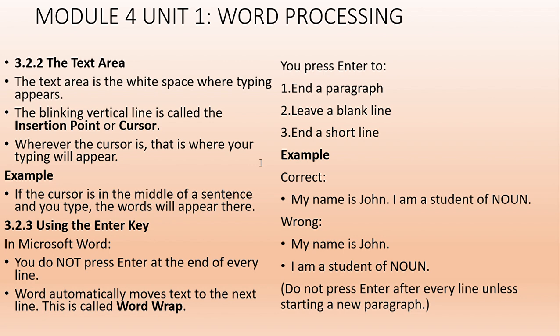Anywhere this black thing is, anything you type is going to appear there. Let me put it in the middle of 0 and 3. Now you can see it is in the middle of 0 and 3. Anything you type is going to show there.